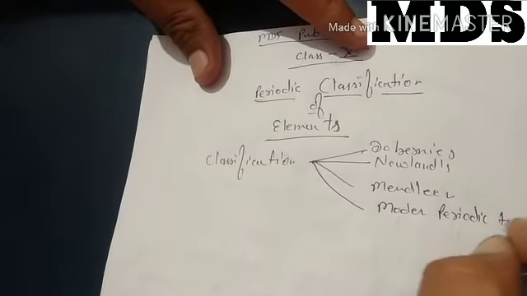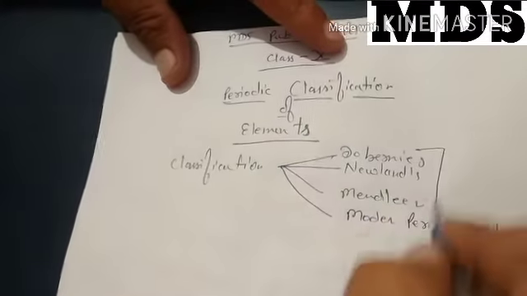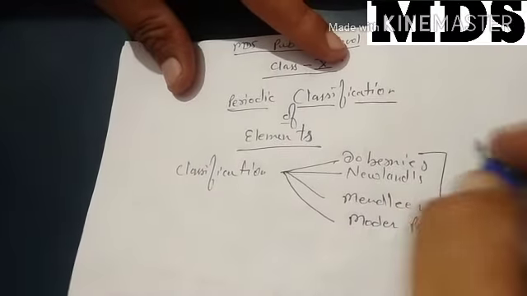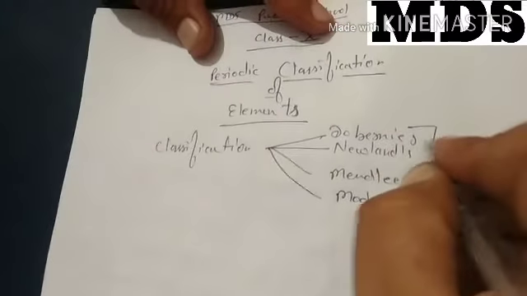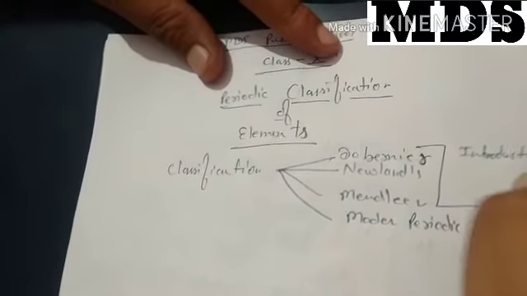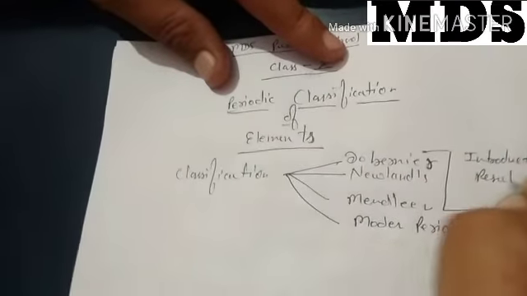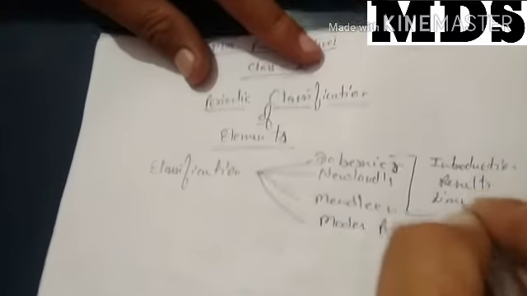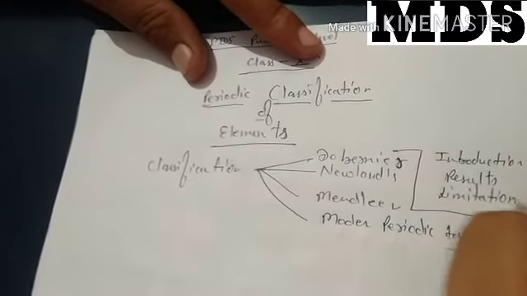These classifications we have done, and I am telling you again, in all 4 classifications you must have to do their introduction, their results, and their limitation. These 3 things are needed about them.